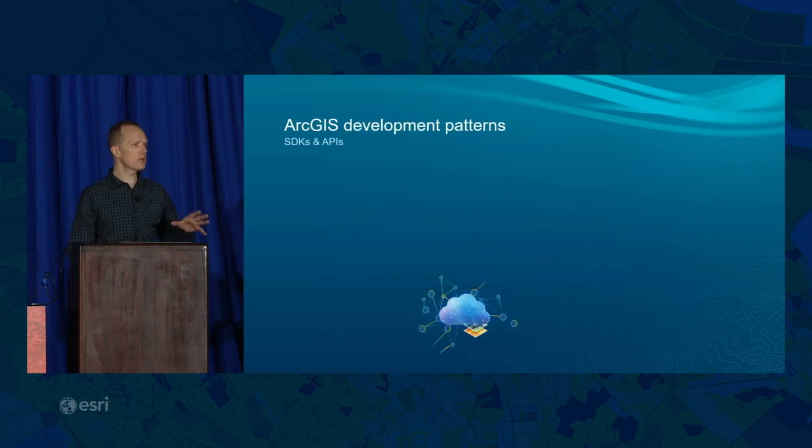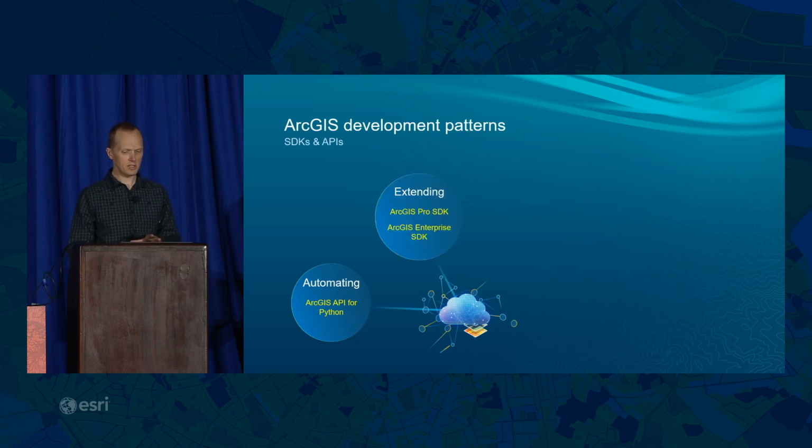So to put the Game Engine SDKs into context with our other ArcGIS technology then, we have several patterns that we talk about when developing with ArcGIS. There is automating ArcGIS, and for that we have the ArcGIS API for Python. There is extending ArcGIS, and we have an SDK for ArcGIS Pro and an SDK for ArcGIS Enterprise. And then there's a pattern about creating applications. So we have a series of ArcGIS Maps SDKs.